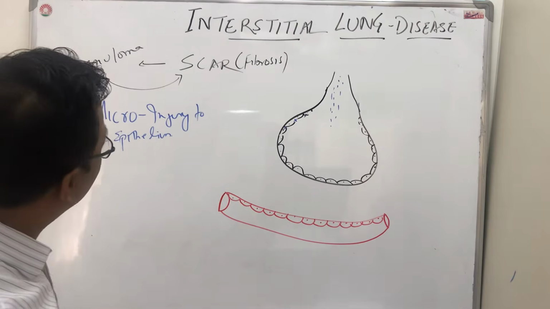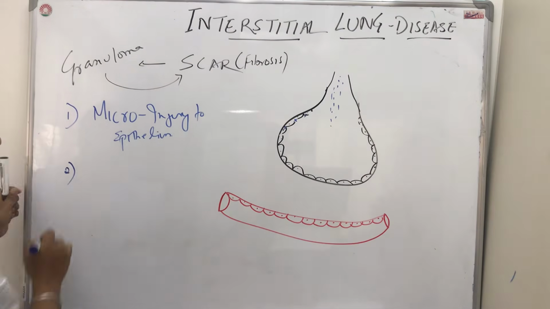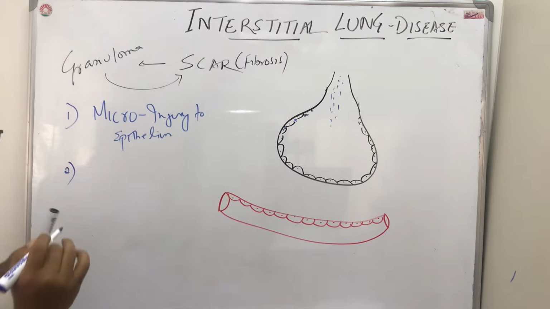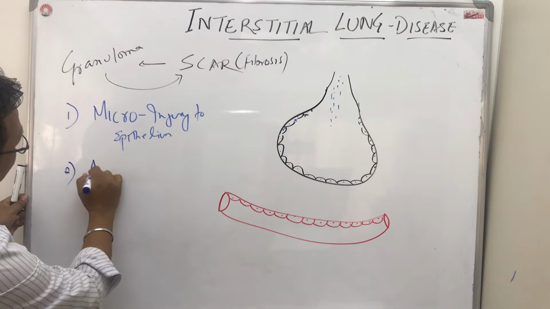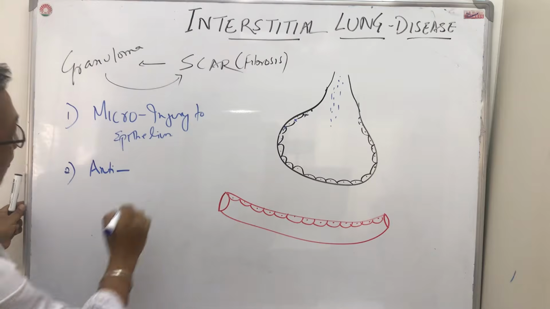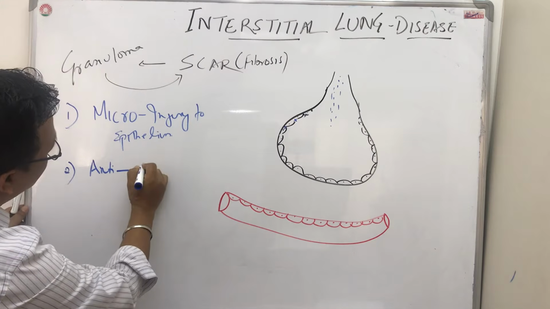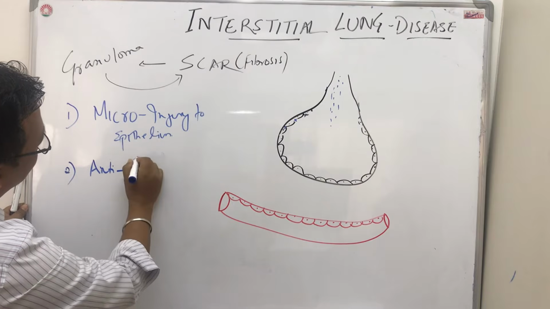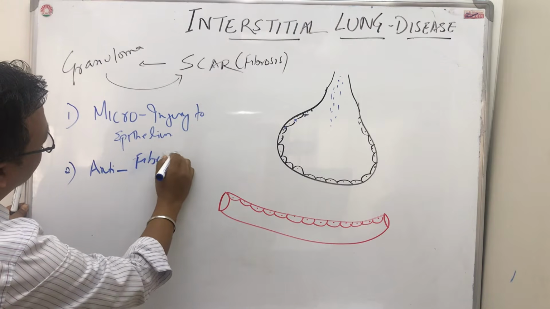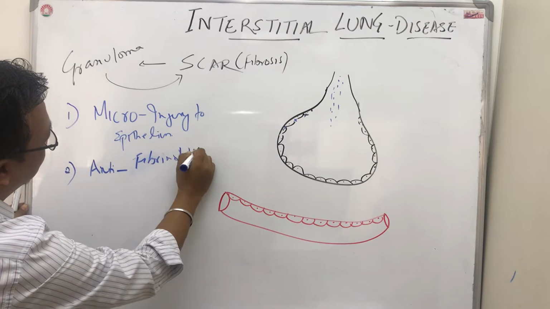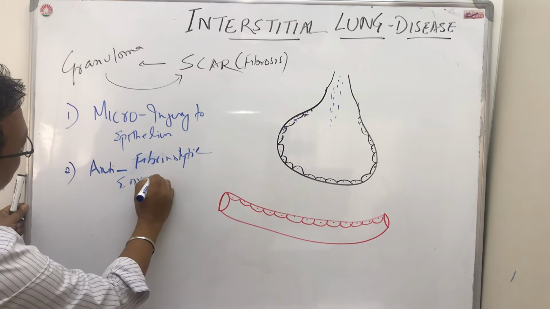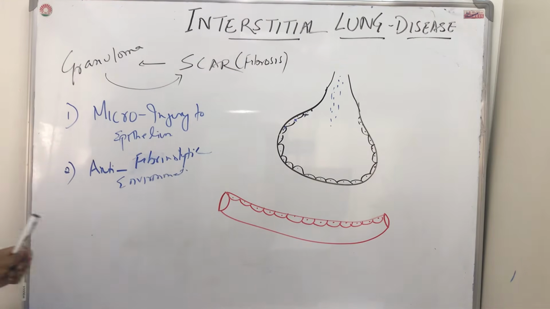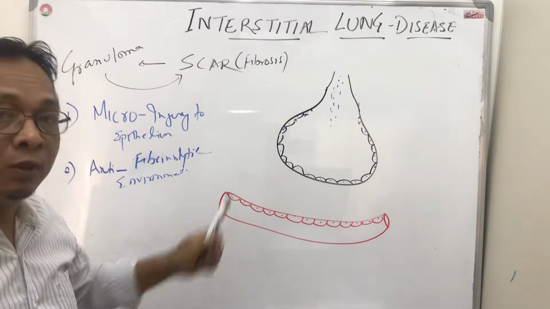Once the alveolar epithelium is damaged, it will create an antifibrinolytic environment.